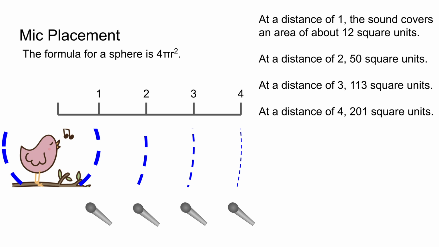That's 9 times more surface area than it was at 1 yard. And by the time we get to 4 yards from the bird, that same energy is spread thin over a sphere that's over 200 square yards. That's 1/16 as much energy in a spot as there was 1 yard away.